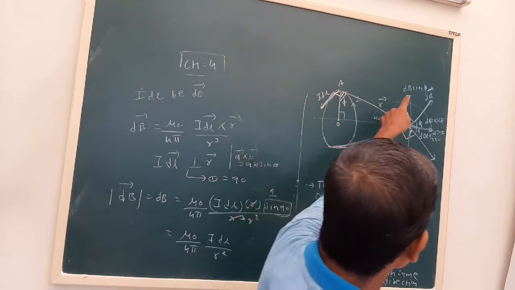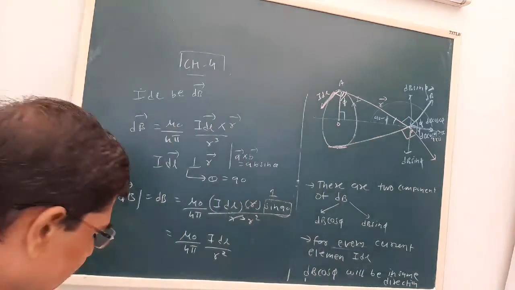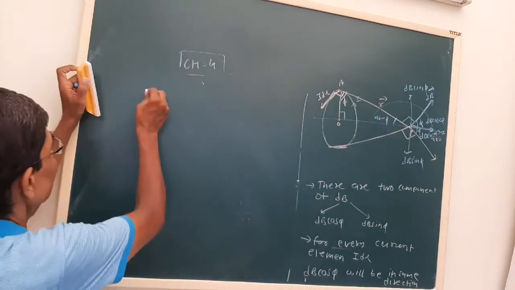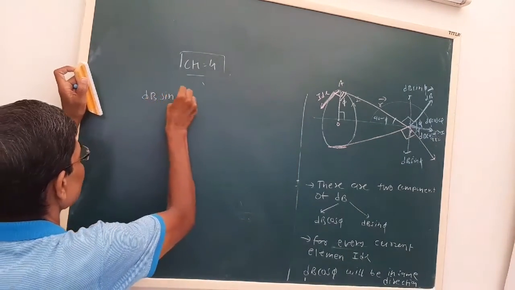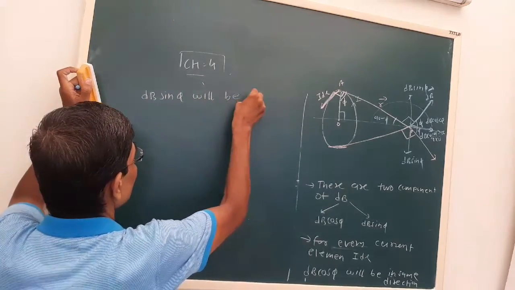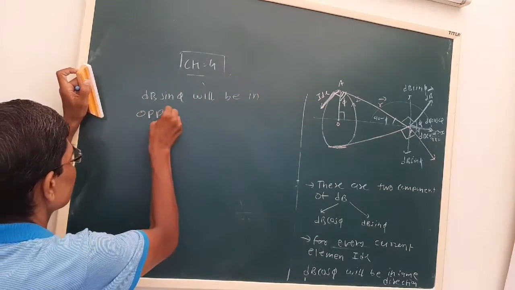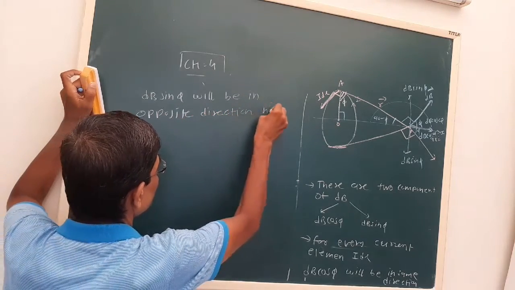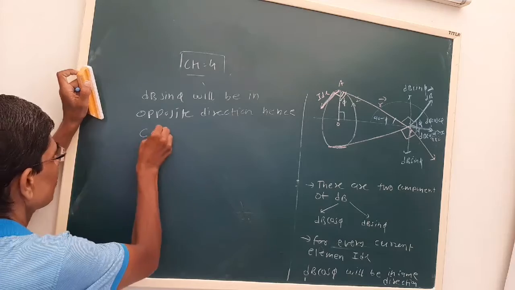What we can see from the diagram is that dB sin phi will be in the opposite direction, hence they cancel.